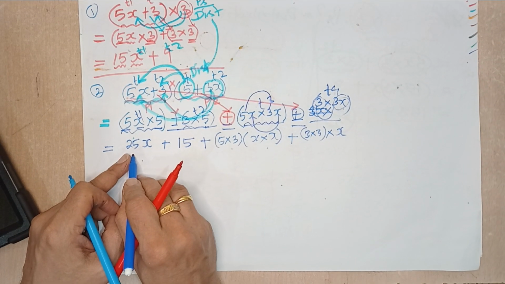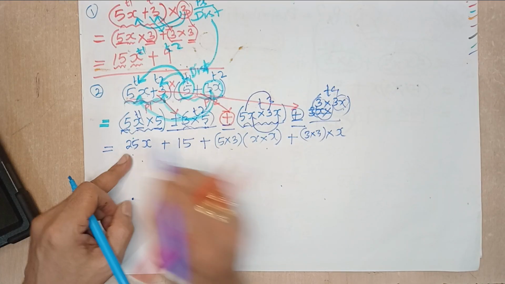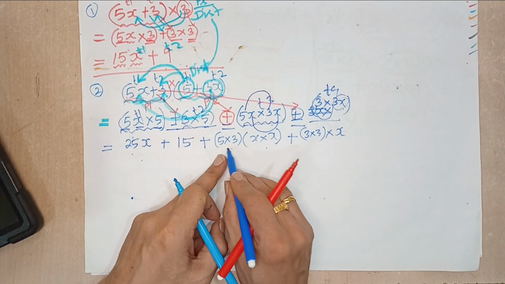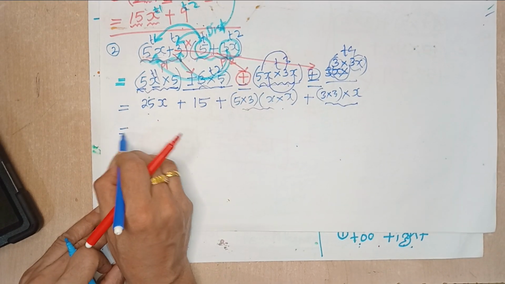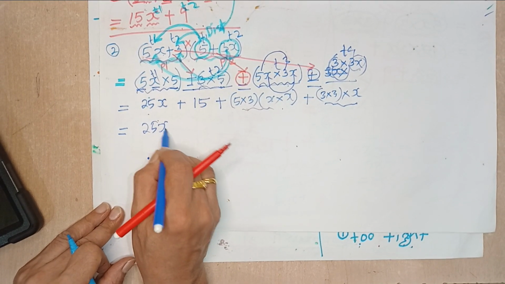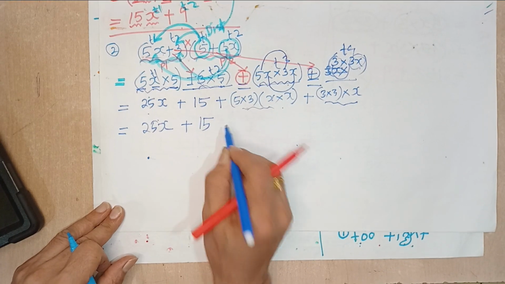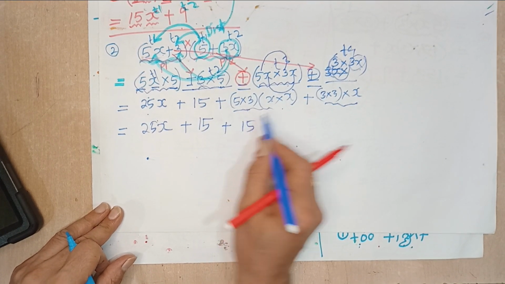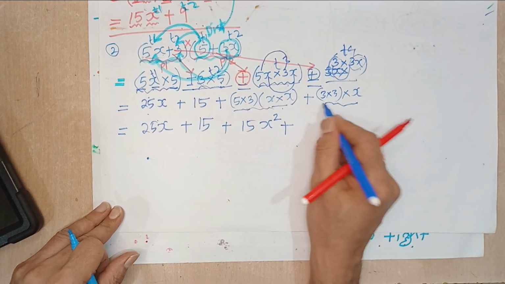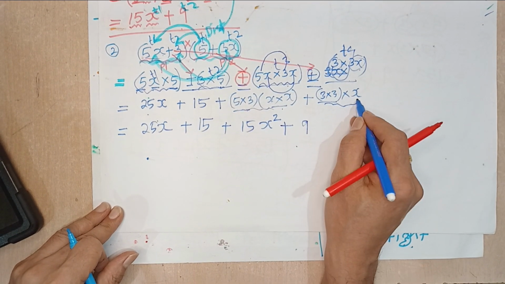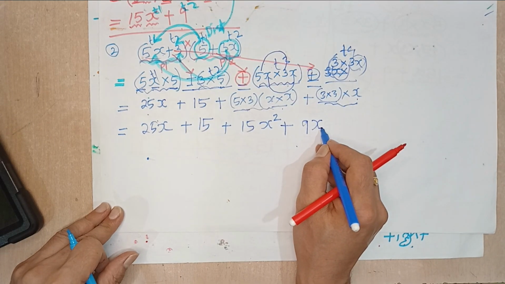Mark it, in the first term I solved directly. In the third and fourth term I have kept them so that you can understand better. So now 25x is kept as it is, 15 written as it is, 5 into 3 is 15, x into x is x square, plus 3 into 3 is 9, and there is only x, so 9x.